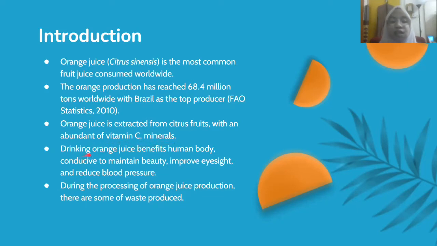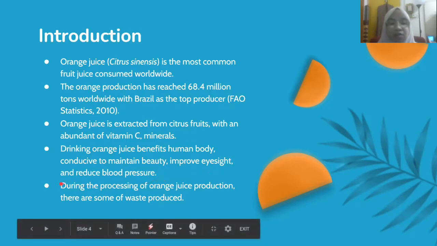Drinking orange juice has benefits for the human body: it helps maintain beauty, improve eyesight, and reduce blood pressure. During the process of orange juice production, some waste is produced.